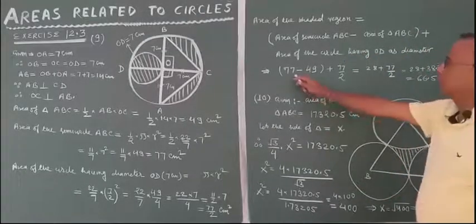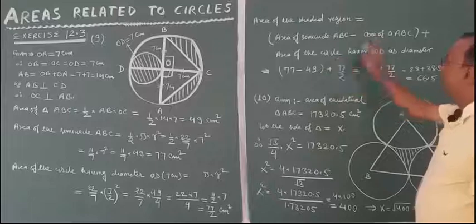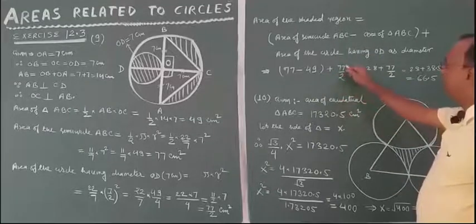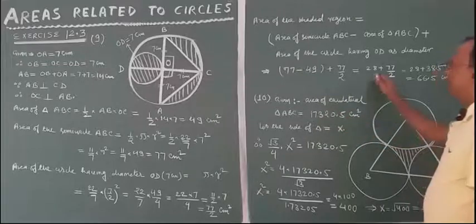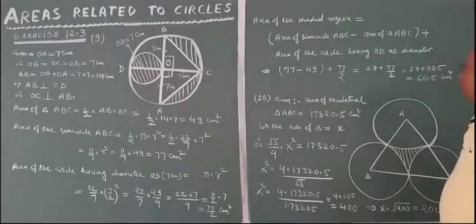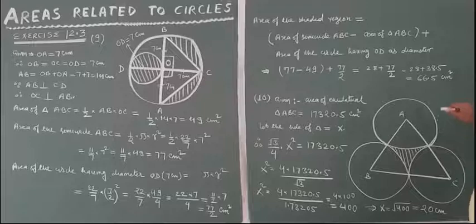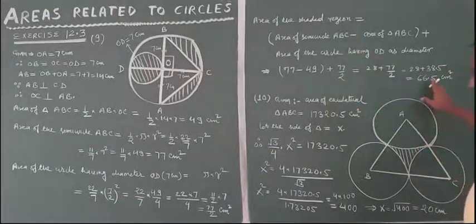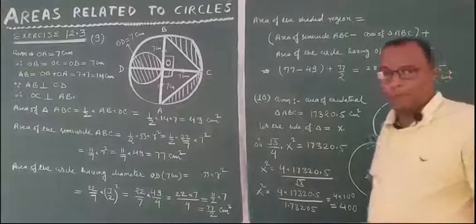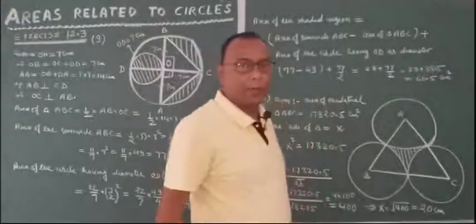So this was 77, this was minus 49, and this was 77 upon 2. So 77 minus 49 is 28, plus 77 upon 2, which is 38.5. When you add them, you will get 66.5 centimeter square. So the area of the shaded region is 66.5 centimeter square. Is it okay?